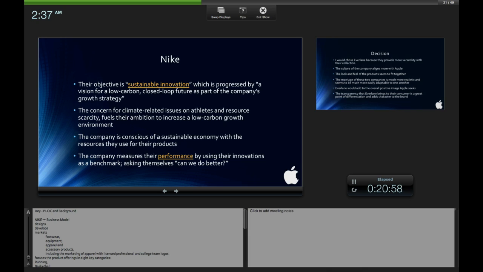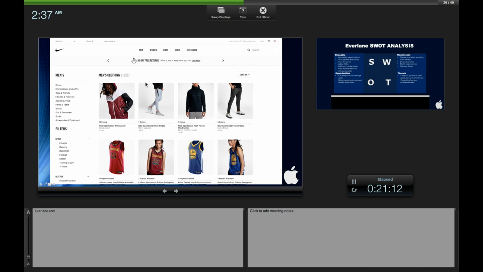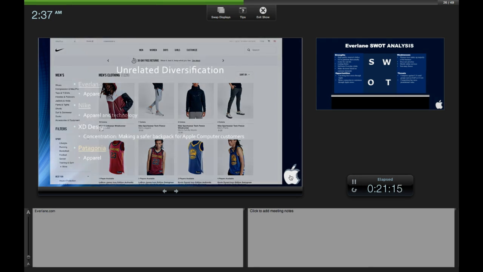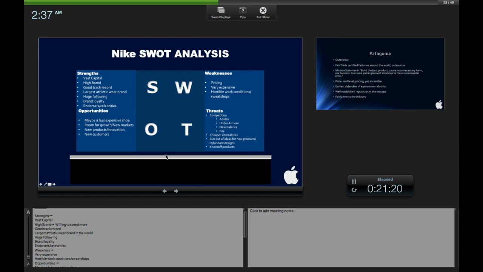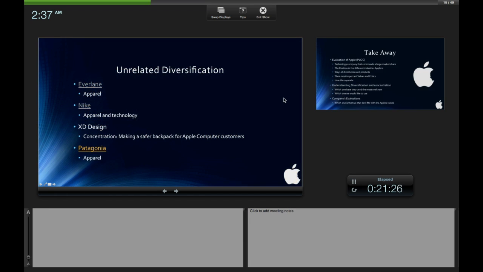The O is going to be the company's consciousness of a sustainable economy, and then the PLOC. The C is the company measures their performance by using blah blah blah. If he wants to see the online store, he clicks the sustainable link. If he wants to see the performance, it's the SWOT. That's how it's linked. It's a Nike SWOT analysis. Then he goes back to this.